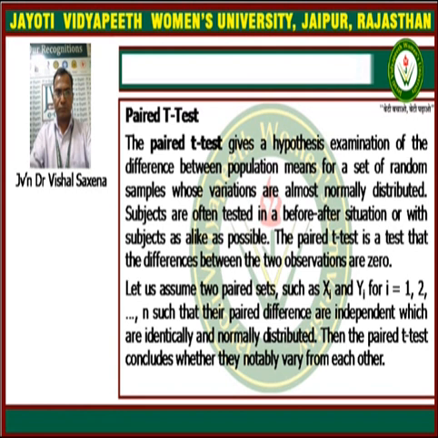So we are taking the two sets x_i and y_i, with n values from i equal to 1 to n, such that the paired differences are independent, identically and normally distributed. These differences must be normally distributed, and then the paired t-test concludes whether they vary notably from each other or not.